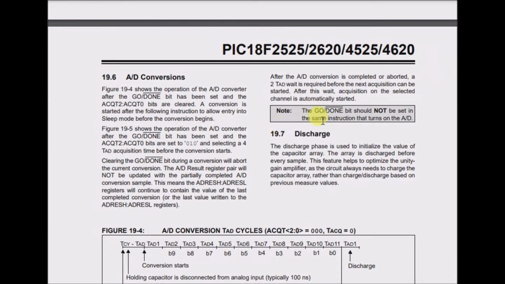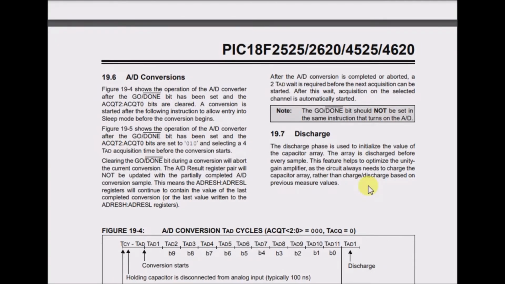Note, the GO/DONE bit should not be set in the same instruction that turns on the AD. Discharge. The discharge phase is used to initialize the value of the capacitor array.